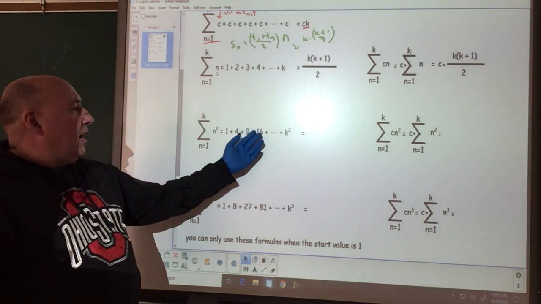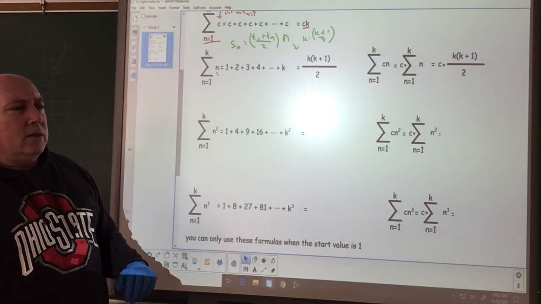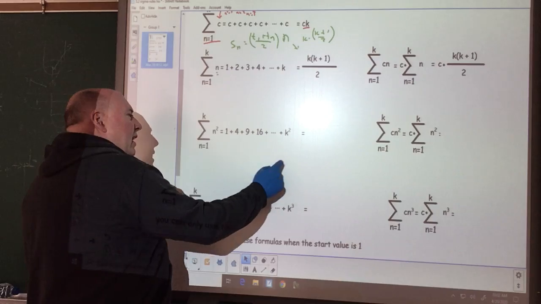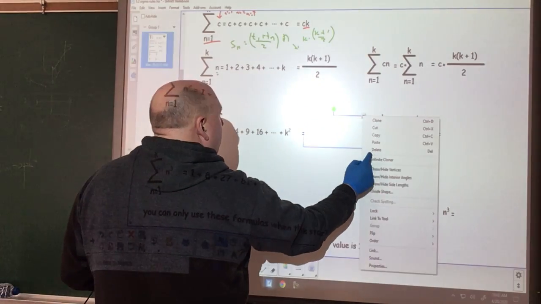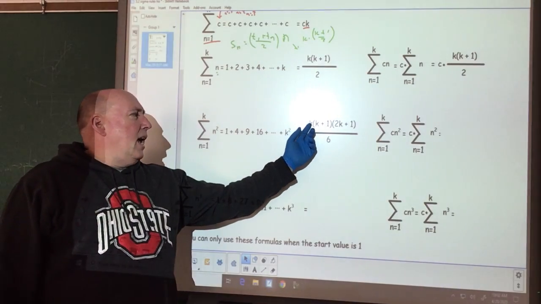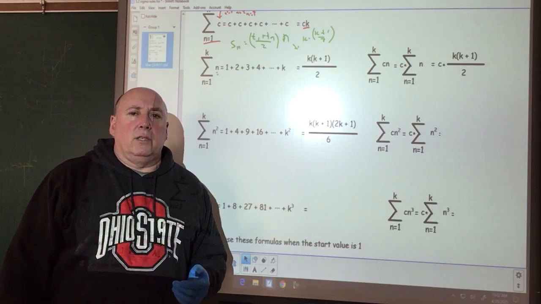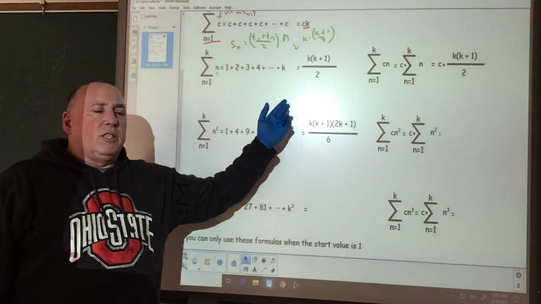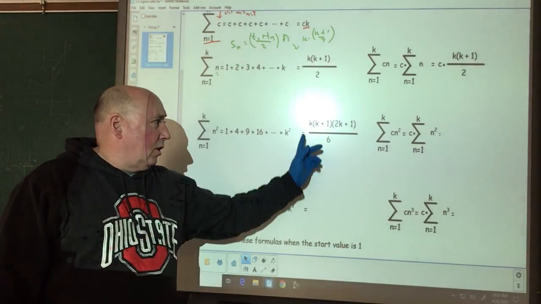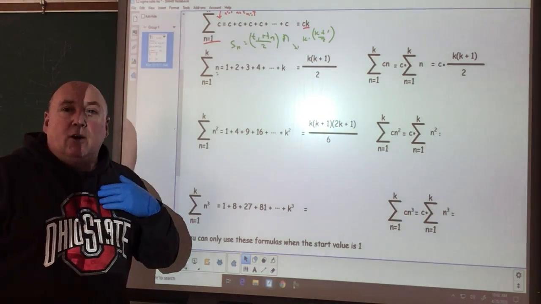Well, what this simplifies down to is, if I have the perfect squares here, or if I have n squared, we can calculate our sum by taking k times k plus 1 times 2k plus 1 all over 6. And once again, I'm not going to ask you to memorize this. Okay, you can take a look and write it down so you have it there, because I don't remember it.